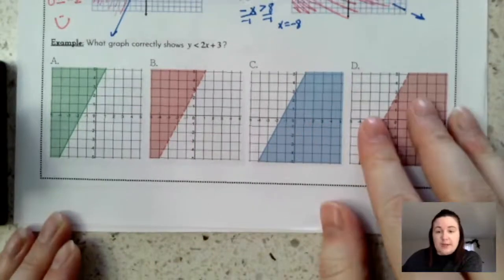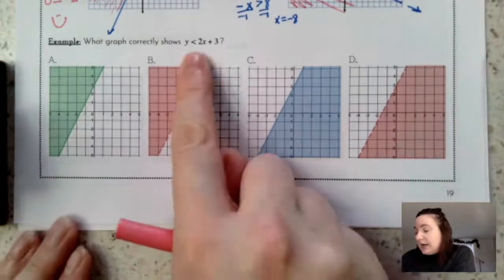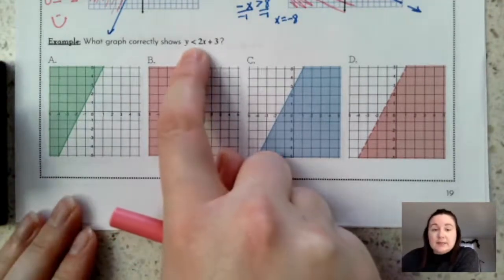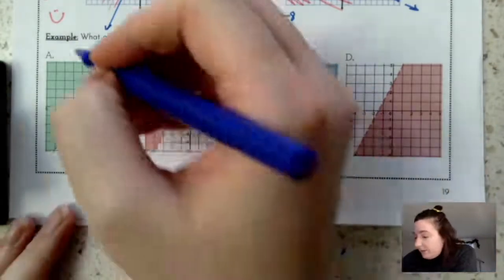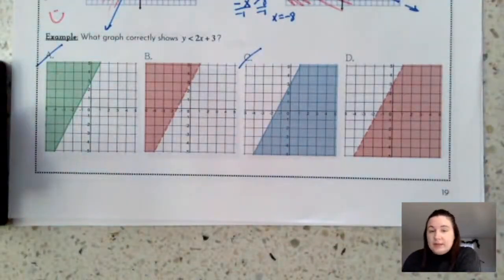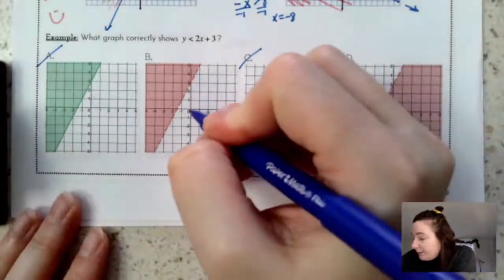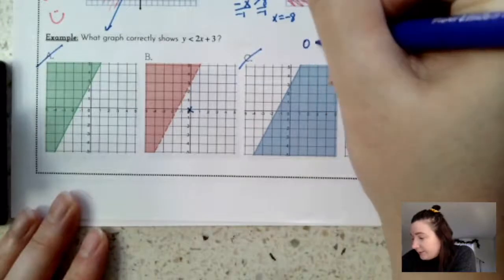So first thing I'm going to do is figure out if it's a dashed or solid line. I notice that this does not have the line underneath, so it's going to be a dashed line. So I can automatically get rid of A and C. Now I'm going to choose 0, 0 to plug in to check where we shade.